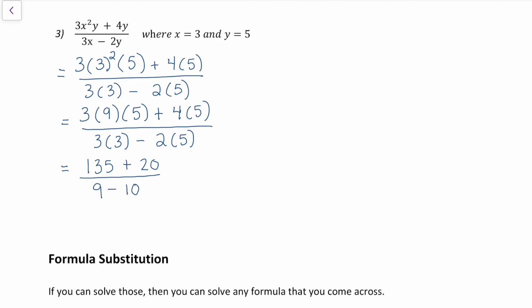And now I can add the top and do the subtraction on the bottom. So I have 155 over negative 1, which equals out to negative 155.